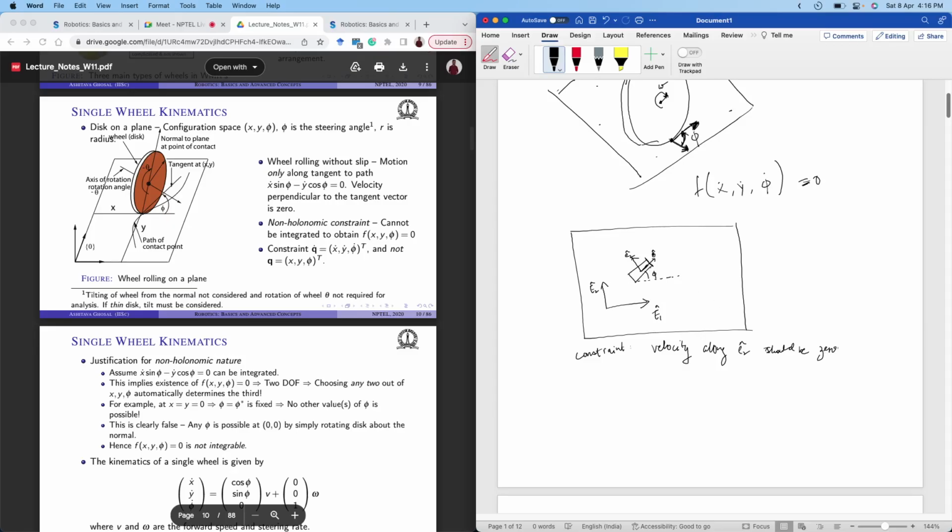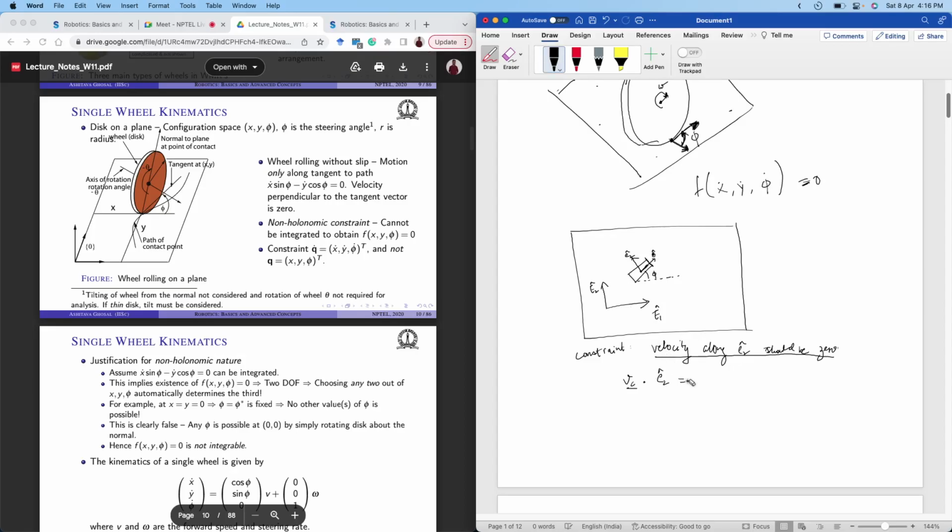Now if I write the velocity of the point of contact as vc in vector form, so the velocity along e2. This is the constraint in English. What is it in math? So this is the constraint. Since we've already written hat, we'll not use under bar.